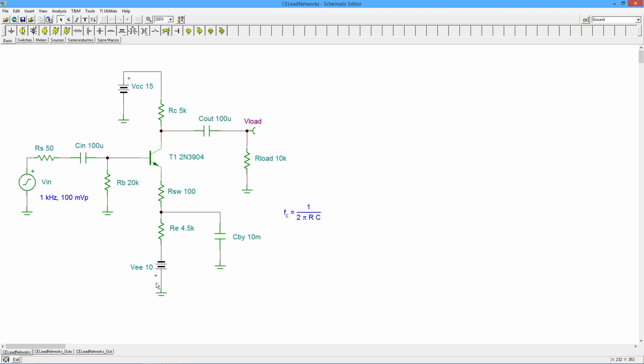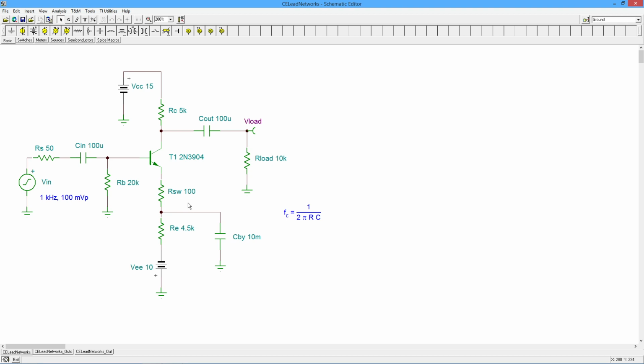That means this 10 volts is going to drop across the base emitter, so there's about 0.7, and then these two resistors. So you're going to have 10 minus 0.7, 9.3, now maybe a little less because of the drop on the base resistor, 9.2, 9.3, somewhere around there, dropping across a total of 4.6K. That's going to give you about 2 milliamps of current.